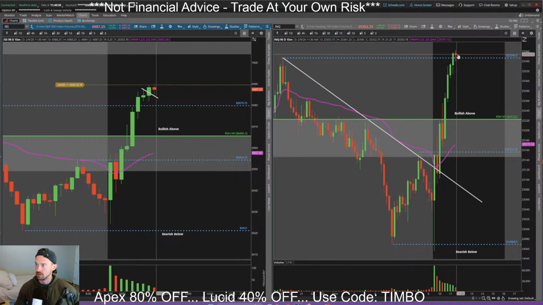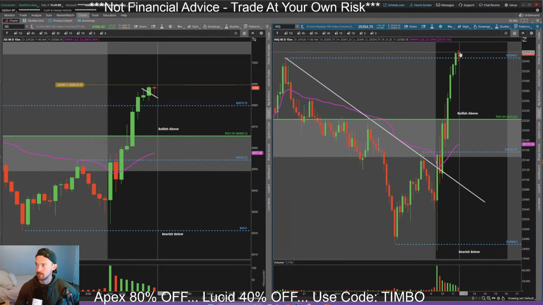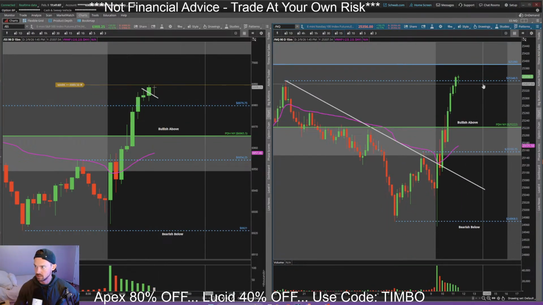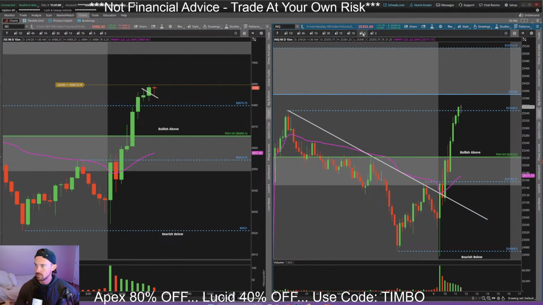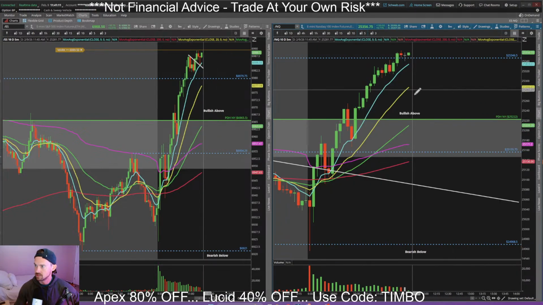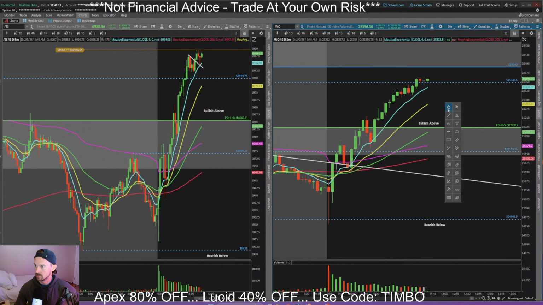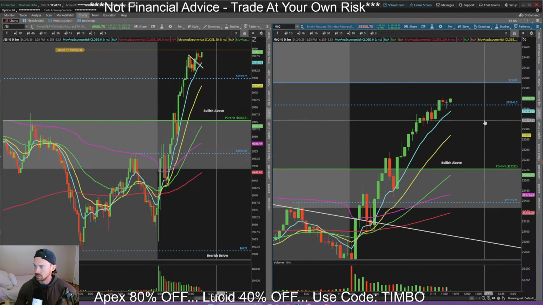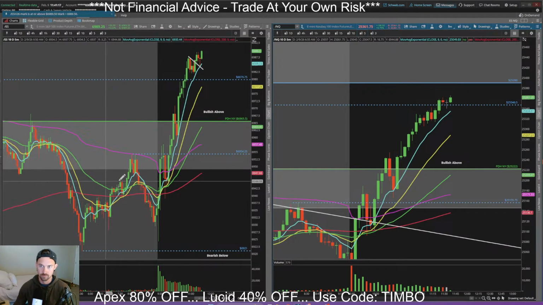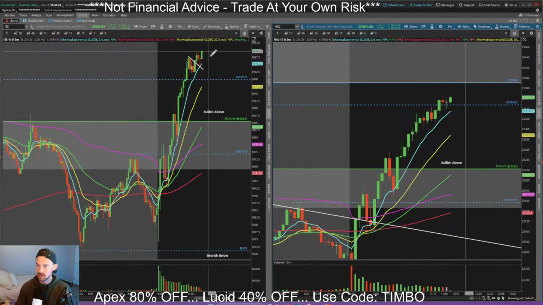We'll see if NQ can hold above this level. It looks like it needs a pullback, but it could just keep grinding up. Just because it looks extended doesn't mean it's going to pull back. Extending can get more extended, that's for sure. So now we're getting new highs again on NQ and ES.